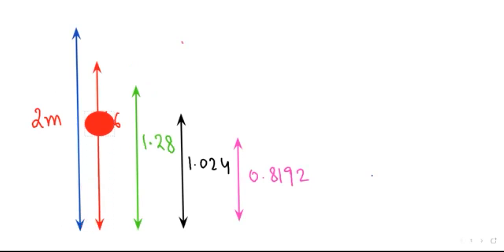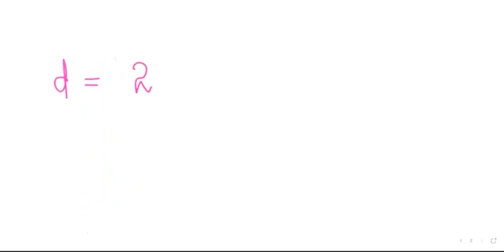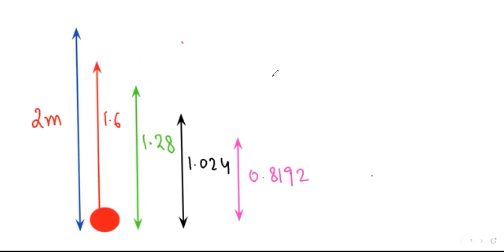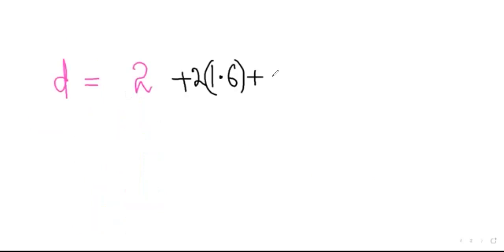Now, when the ball bounces back, it will go up to 1.6 and come back down by 1.6. So I can write 1.6 two times, because the ball will travel 1.6 two times. Then it will bounce back 1.28 and again 1.28 two times.